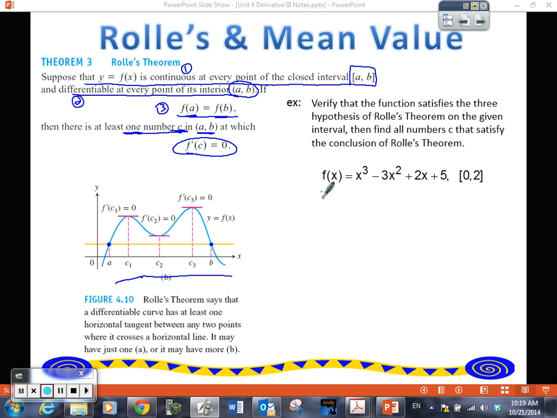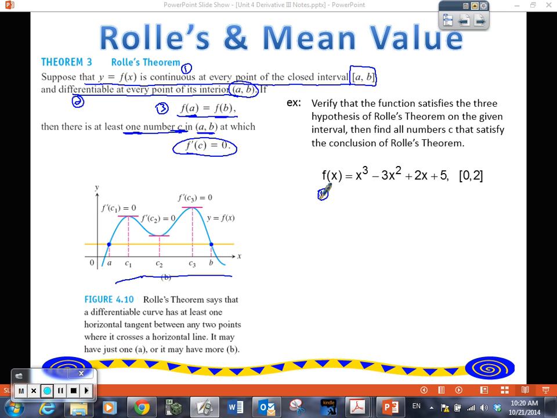So number 1. We need to check to see that the function is continuous. Now this isn't a very difficult way. We don't have to go back to the definition of continuity to do this. That's a cool definition, and you probably already know it, but really, what we want here is inspection.